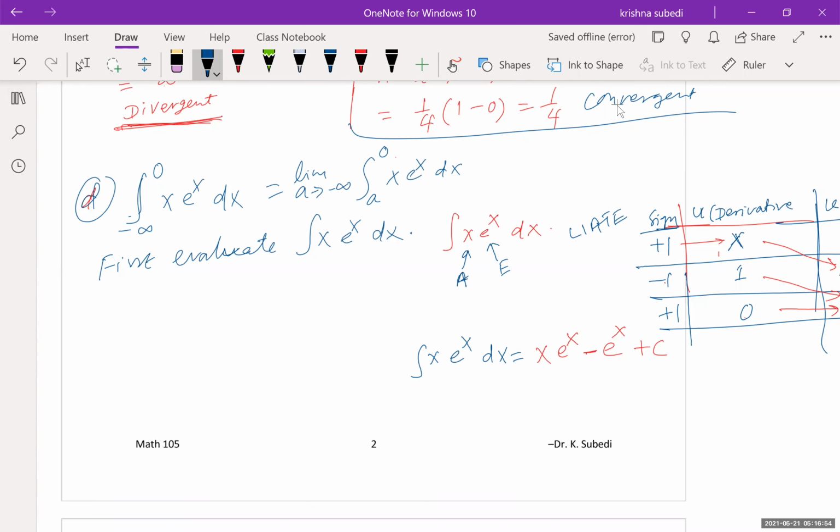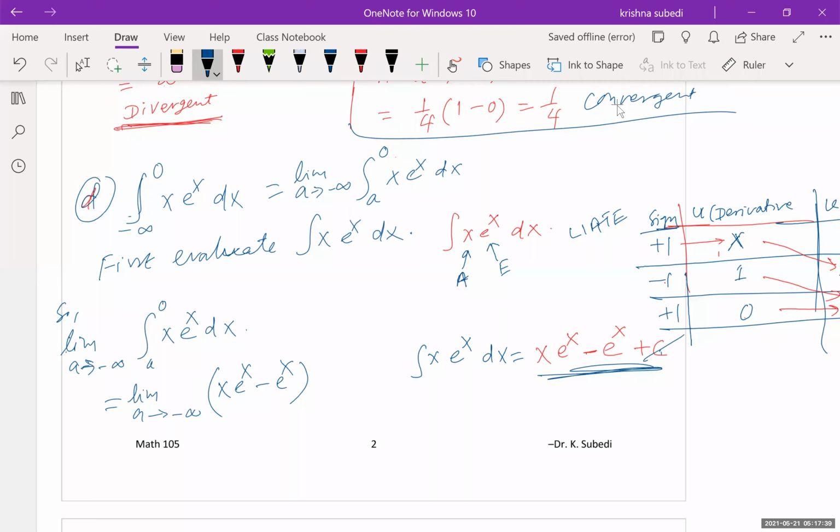We already got the integration, and therefore we can write the limit as a tends to negative infinity, of the integral from a to 0 of x e to the x dx, which can be written as the limit as a tends to negative infinity of x e to the x minus e to the x, and because this is a definite integral, we don't need c, from a to 0.